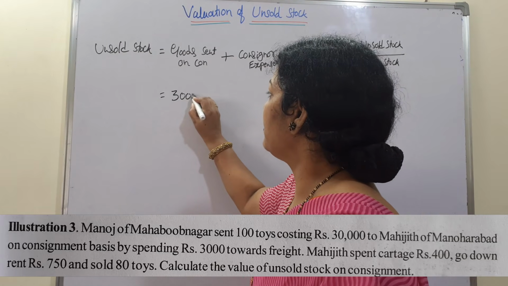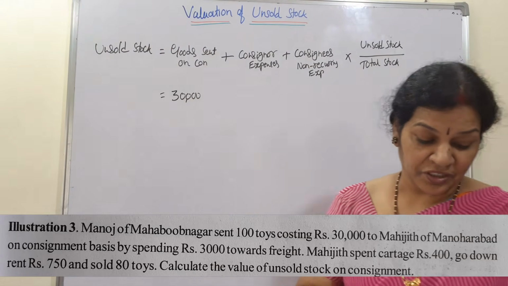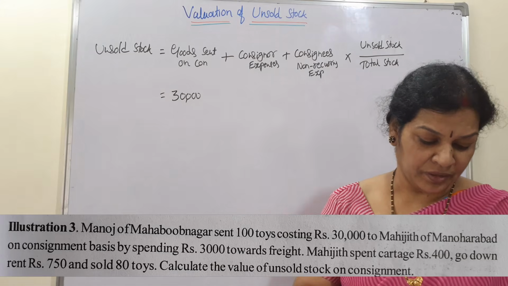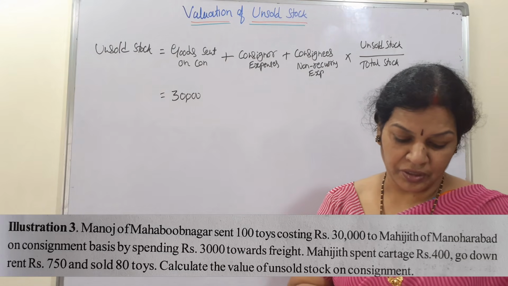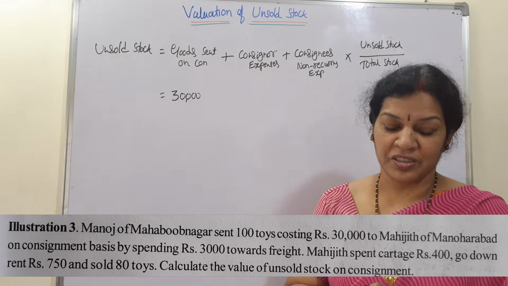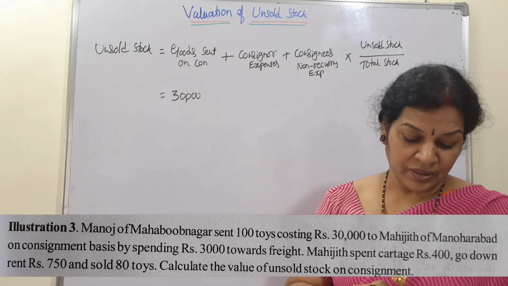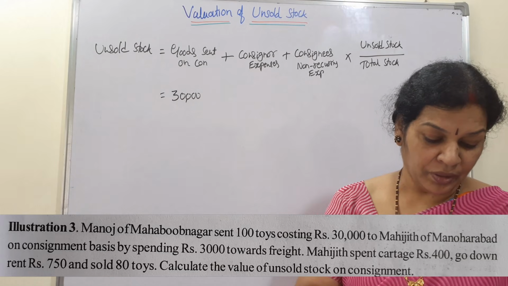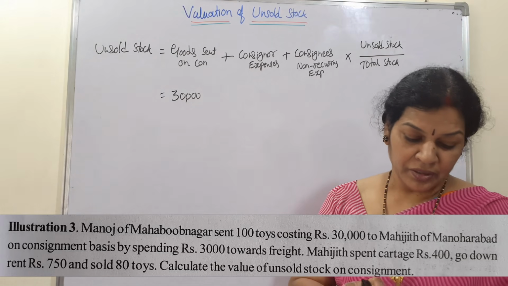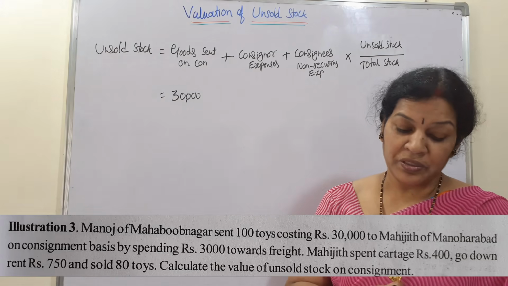30,000 plus. Manoj sent 100 toys to Mahijit. Mahijit is the consignee. Mahijit spent 400 rupees and godown, but before that, on consignment basis spending 3,000 rupees of freight.